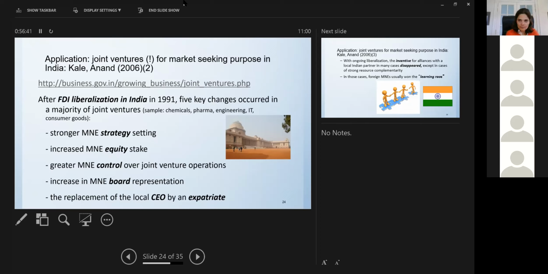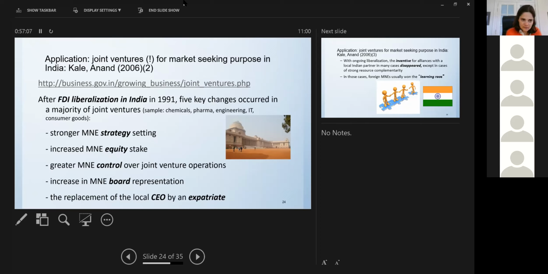And then the local firm, they were very valuable in putting local firm-specific advantages, such as the market knowledge about India, the government ties, how to get contracts, distribution, which is very, very complicated if you're not from India, the brand names. Also, there were local Indian brand names that were put into the venture.